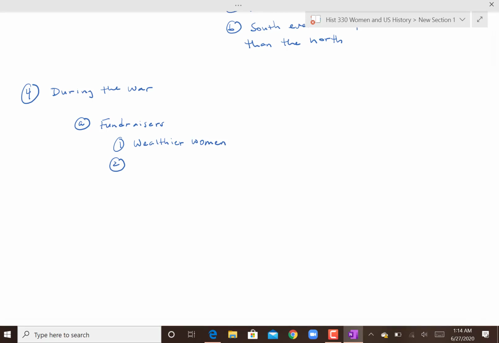The other group, camp followers, actually went with the camps. The women that were wealthy didn't have to do this. They could remain at home while their husbands were in high positions in war and still have enough money to not worry about working at home, taking over their husband's position. So they had the freedom to do this with fundraisers.